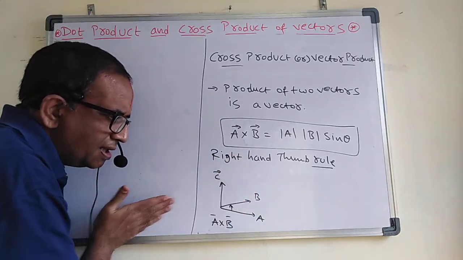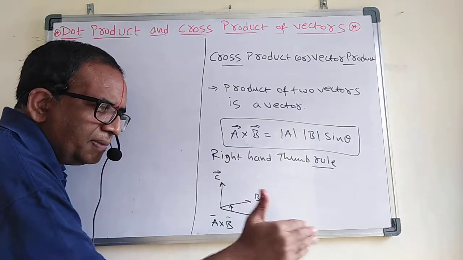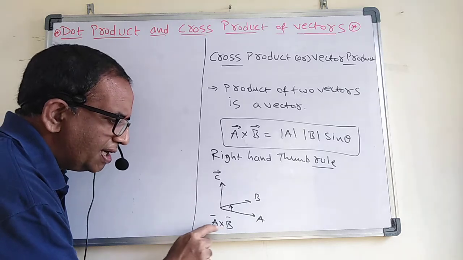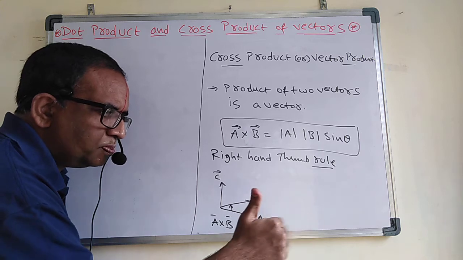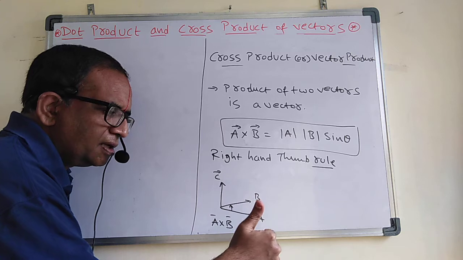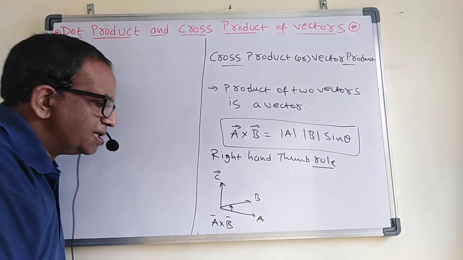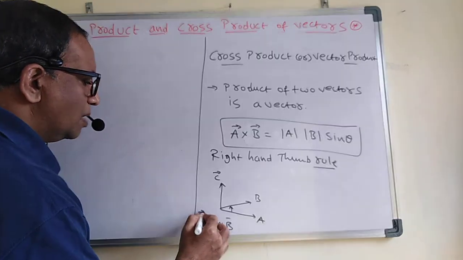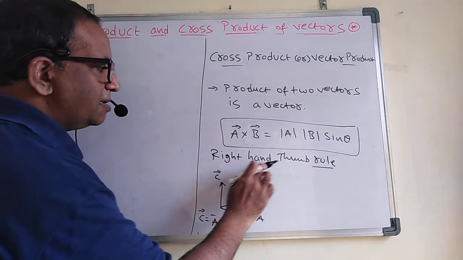See the order here: I started with A and ended at B. So A cross B means I am rotating towards B. Here the thumb shows the direction of the resultant vector C. So C is equal to A cross B. Are you following what I am saying? Yes, sir. This is called the right hand thumb rule.